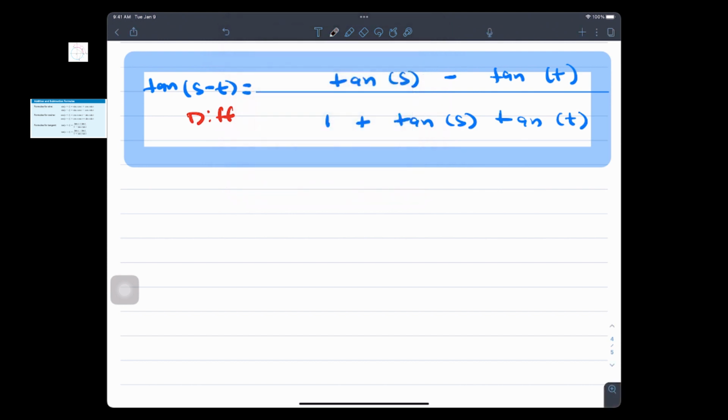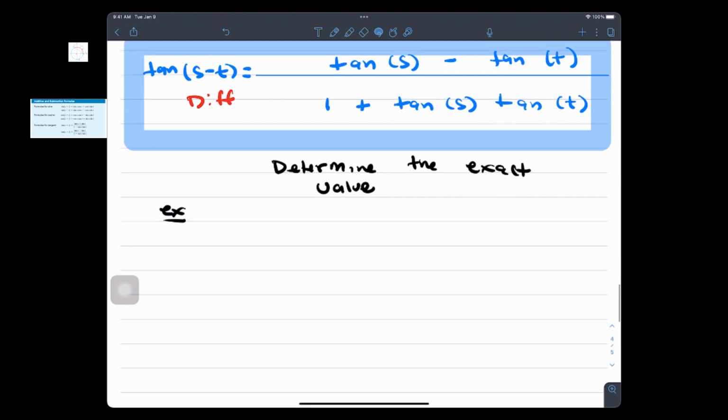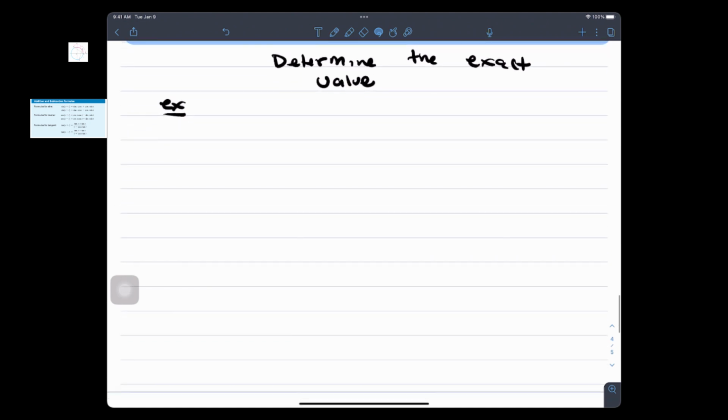And so, for example, they might say, determine the exact value without your calculator. Right? So you say, well, how do I use these things? What did they say? What is sine of, without a calculator.